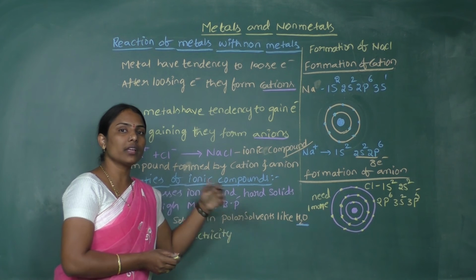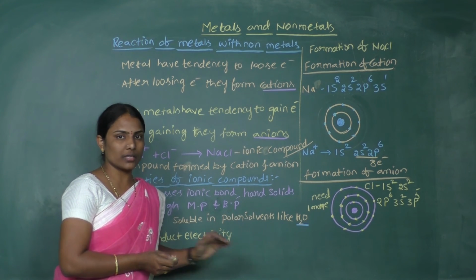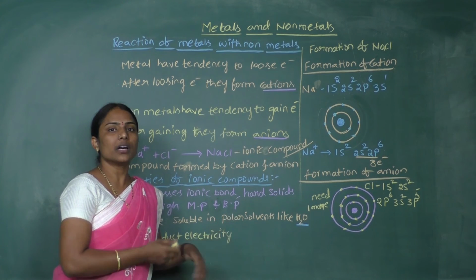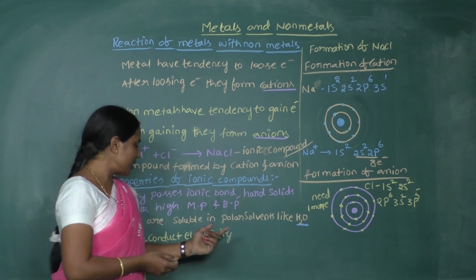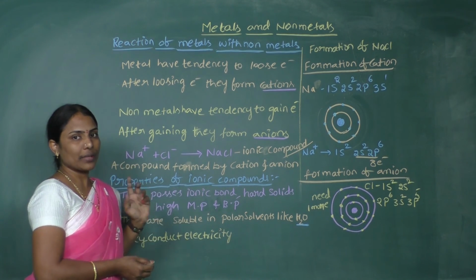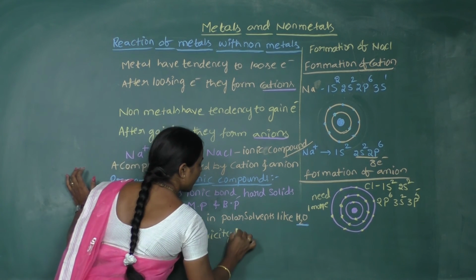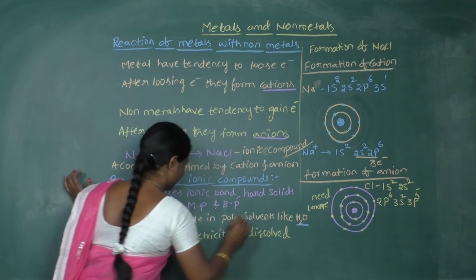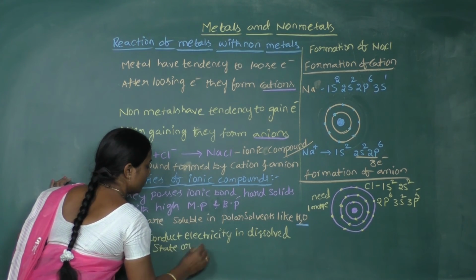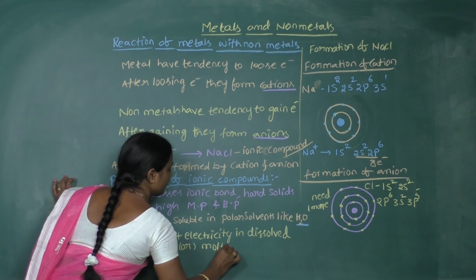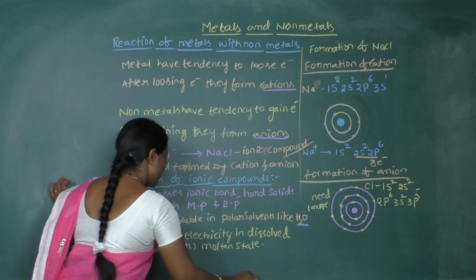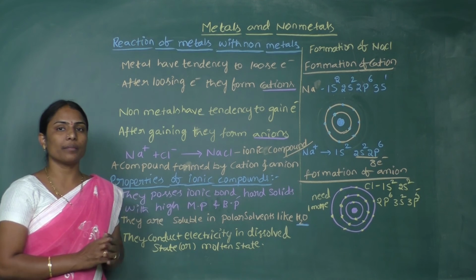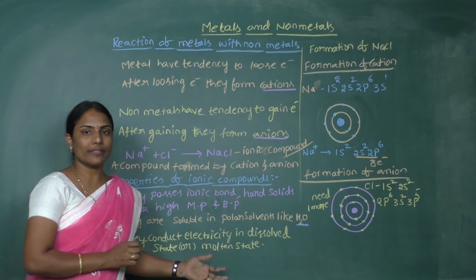After dissolving the given ionic compound in the polar solvent, they can form a solution, and that solution is electrically conducting. So they can conduct electricity in the dissolved state or molten state.